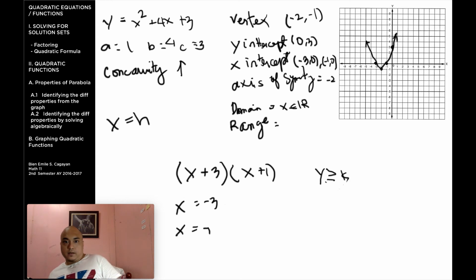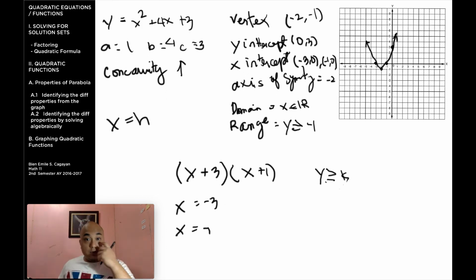If that is upwards, our range should be all the values of y greater than or equal to k, where k is negative 1. So now we have all the properties of the parabola of the equation x squared plus 4x plus 3.